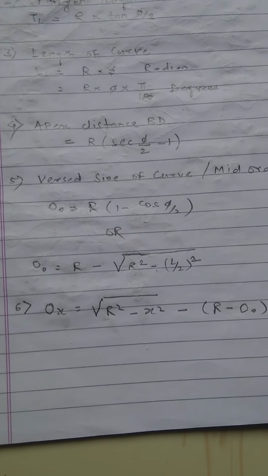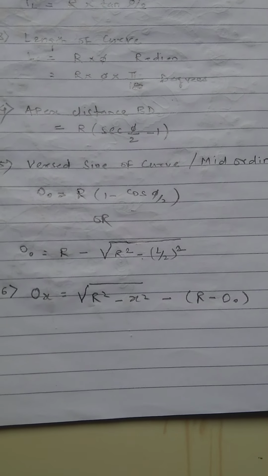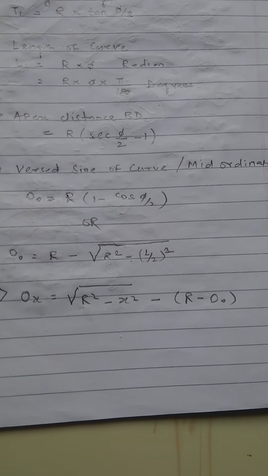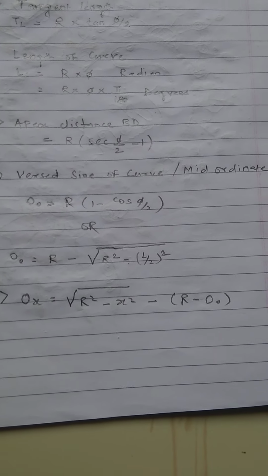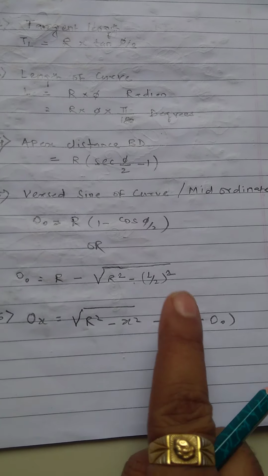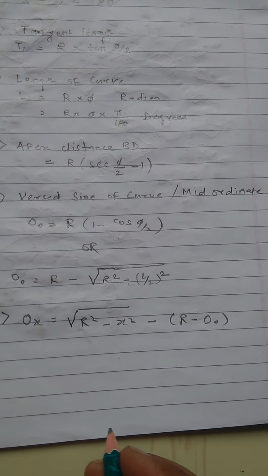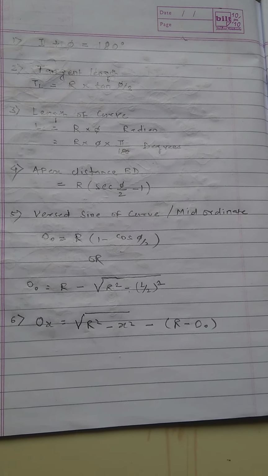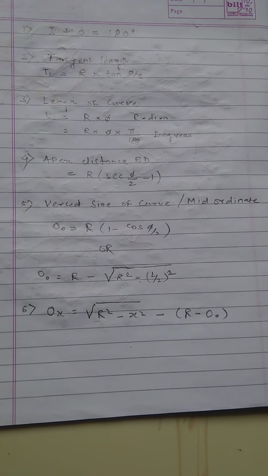In this equation OX is the offset or the ordinate at distance x, R is the radius of the curve, and O0 is the mid ordinate. Means to find any ordinate, first you have to find the mid ordinate. These are the formulas to set out a simple circular curve by the method of offsets from long chord.